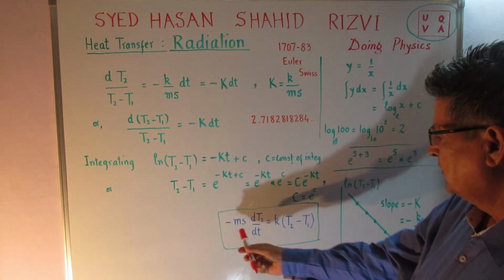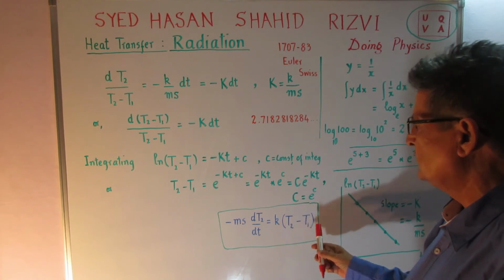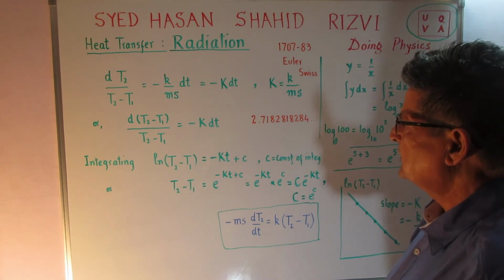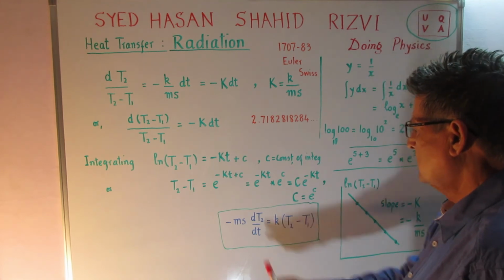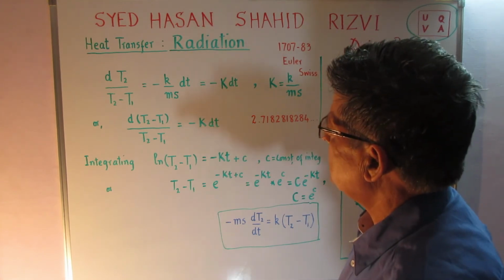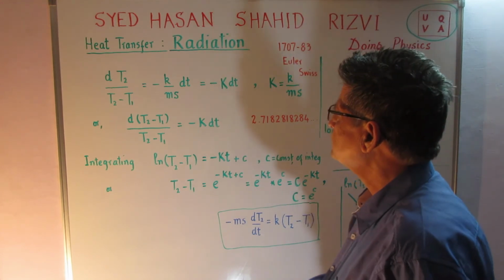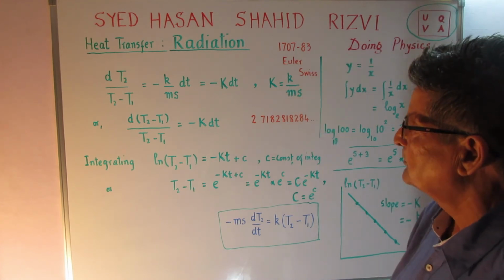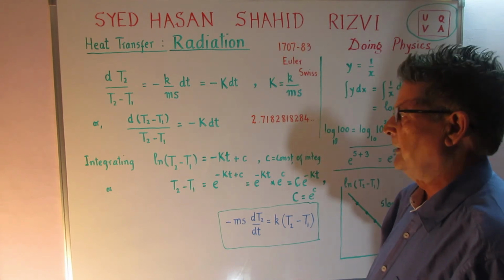So from this equation, minus ms dT2/dt is equal to k(T2 minus T1). Okay. So I write that dT2/(T2 minus T1) turns out to be minus k/ms into dt, which I can write as minus K dt, where capital K is equal to small k upon ms. Okay, the symbols have their meaning.